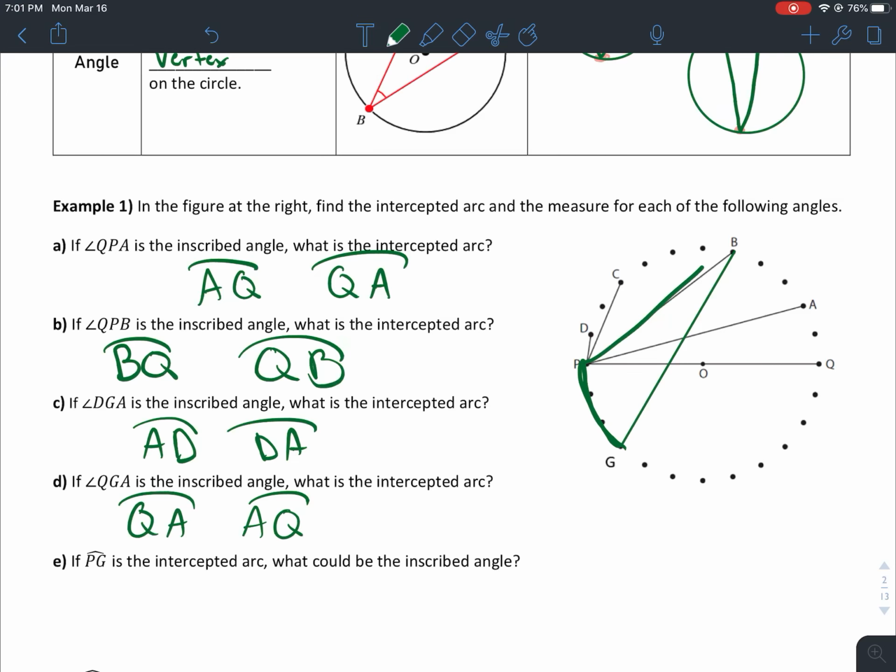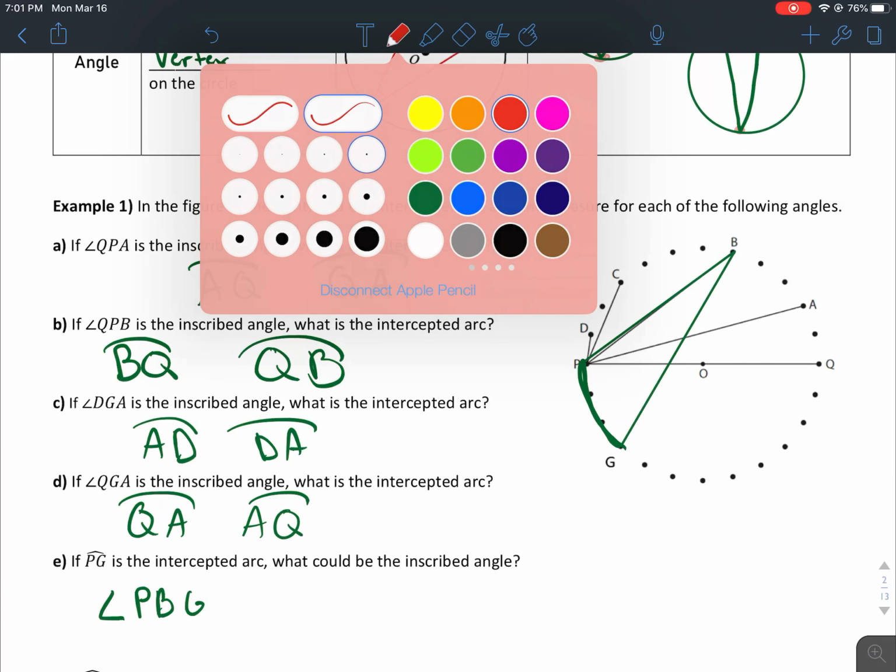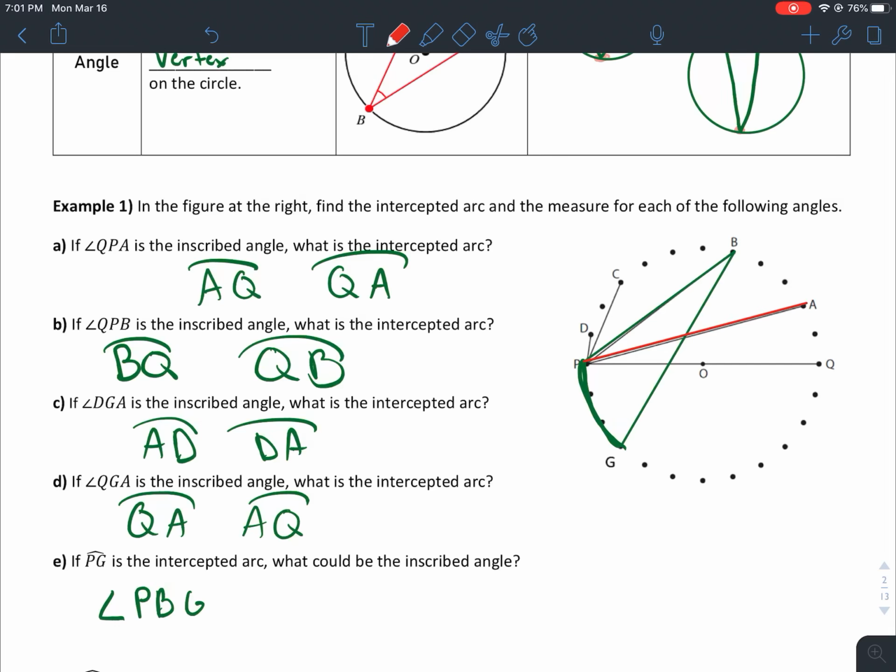We have PGB, and you have to write that as an angle, right? So PBG. I'll do another one in a different color. We also could have said PAG. And we also could have done PQG.